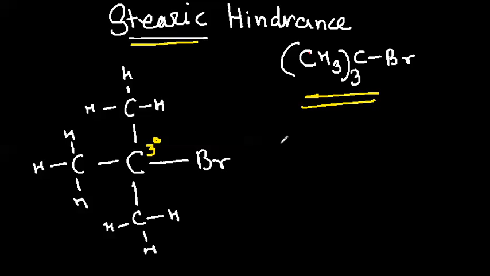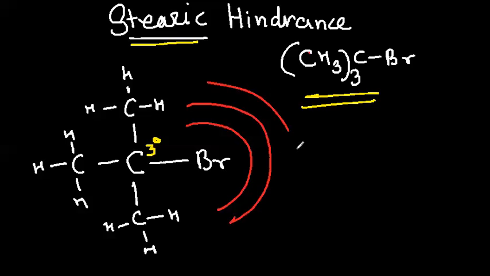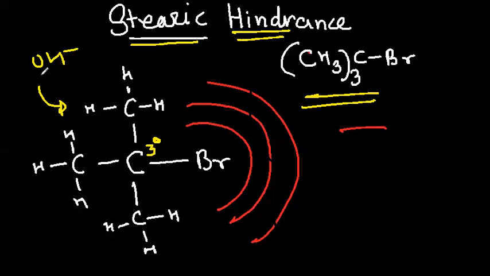And as we have discussed earlier, our nucleophile cannot approach from this side because of the negative influence of this Br here, but this OH can approach from the rear side. There is a problem here. There is a very bulky structure which is going to obstruct our nucleophile. That's the hindrance. That's why it's going to find it really difficult to reach this carbon here.